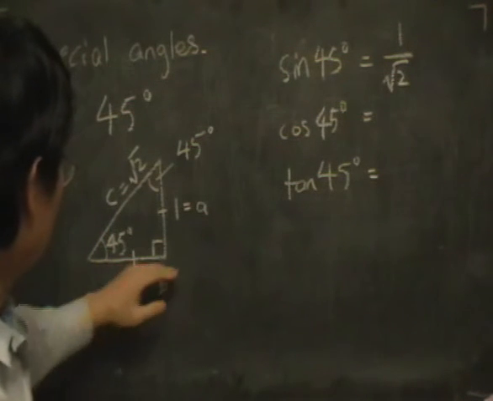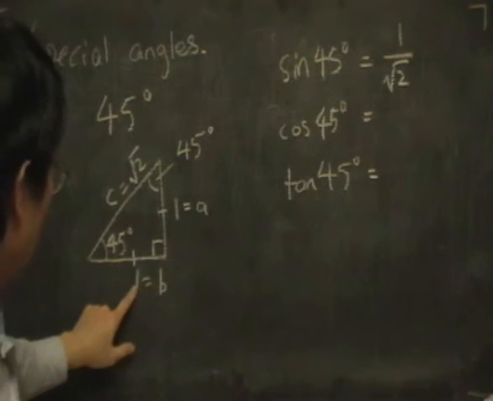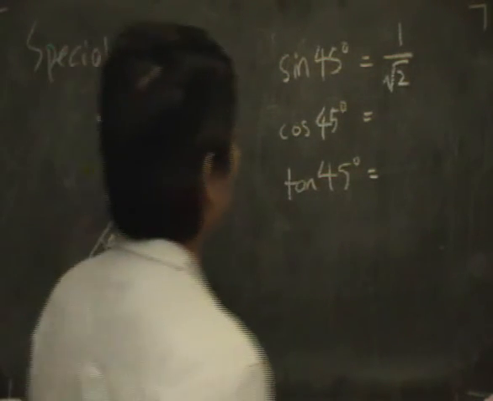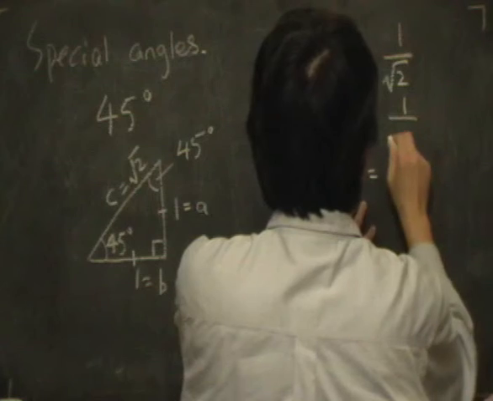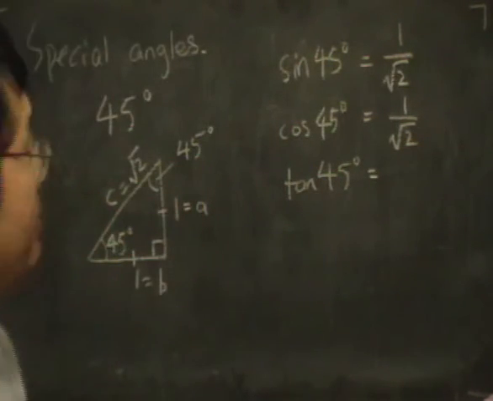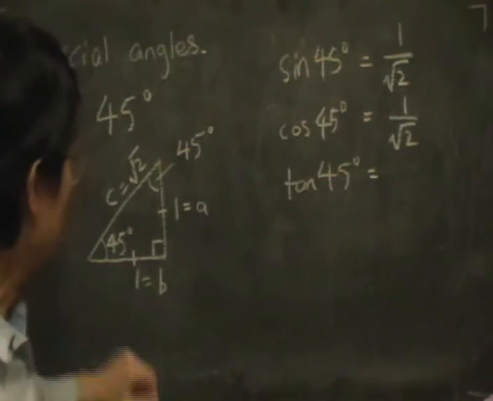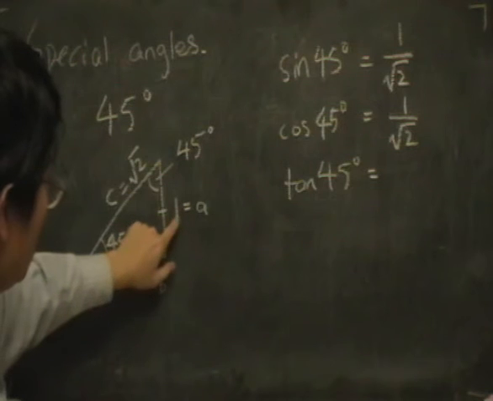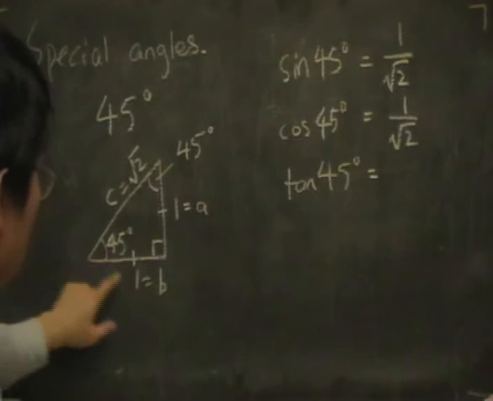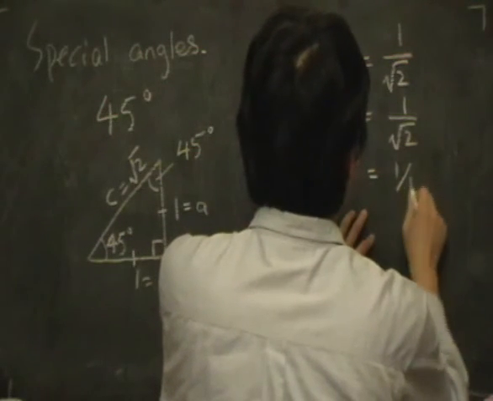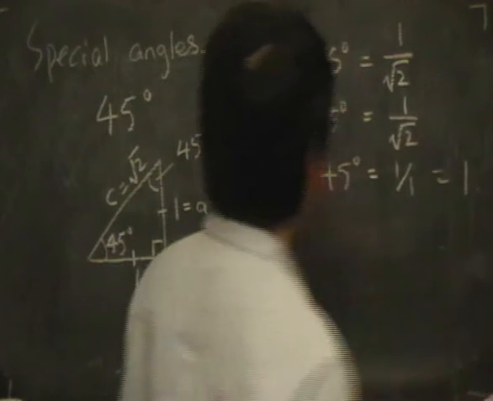Cosine 45 degrees is the adjacent, 1 divided by the longest side, root 2. 1 over square root of 2 again. Finally, tangent of 45 degrees is equal to the opposite, which is 1, divided by the adjacent, which is also 1. 1 over 1, which is 1.